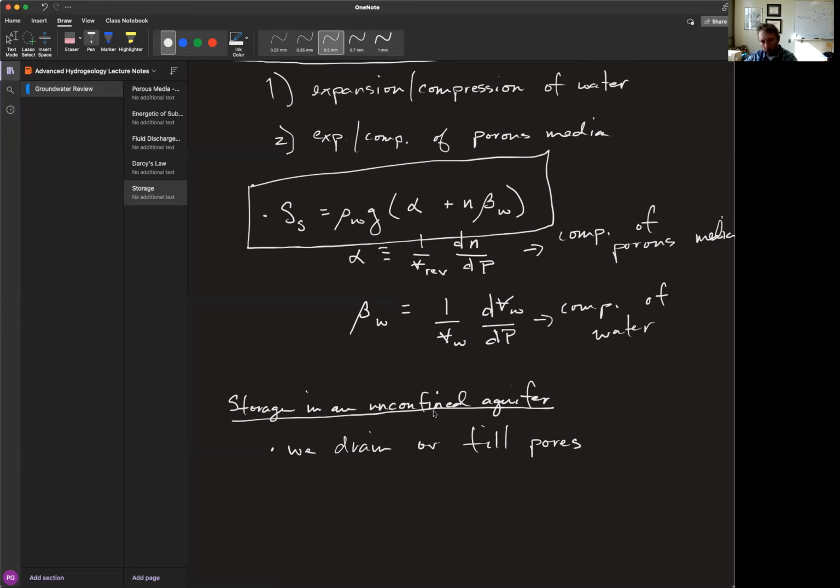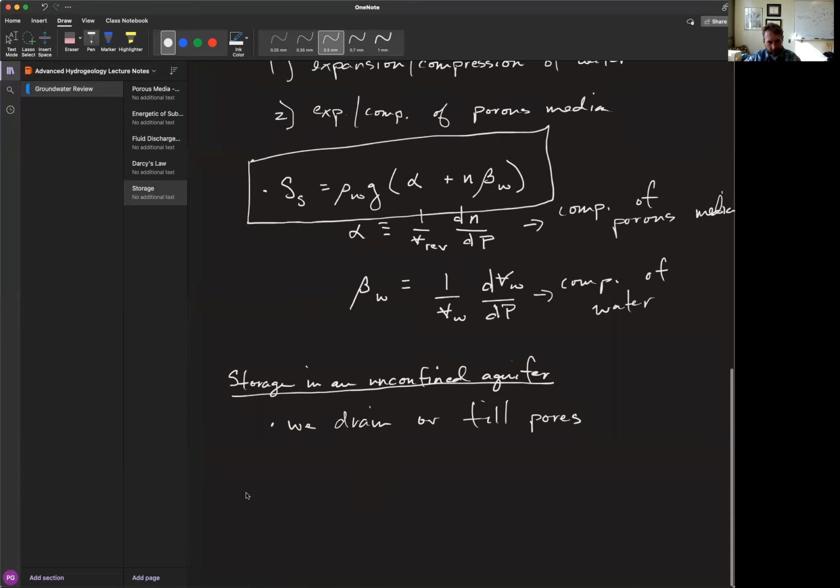All right, and so we drain or fill pores. So we've got 3 mechanisms of storage here. We also have expansion of water, and contraction of pore space.